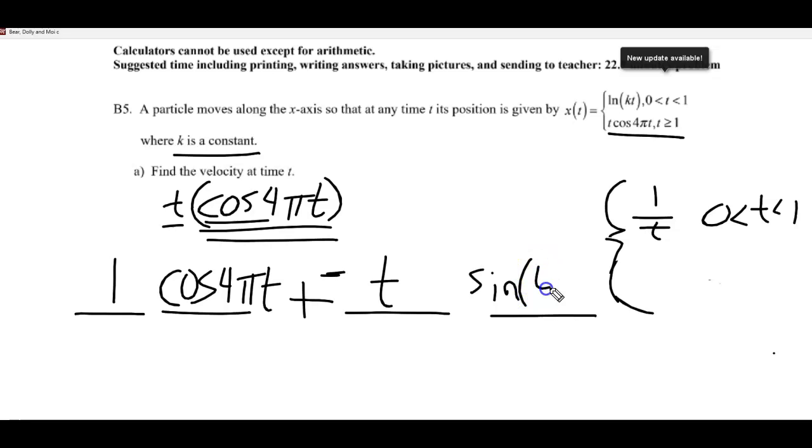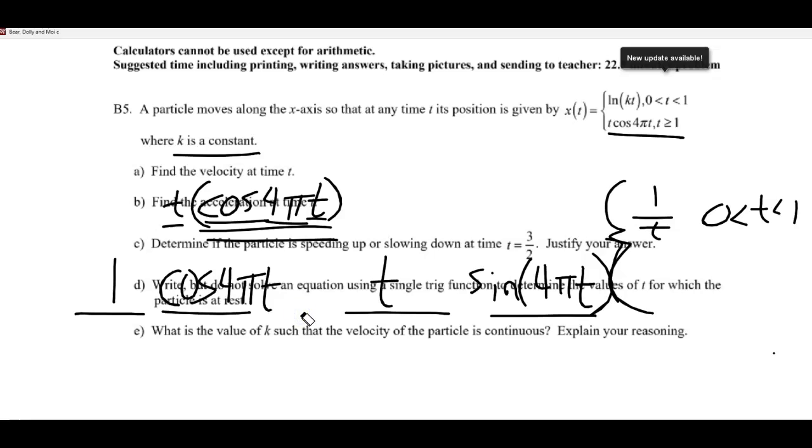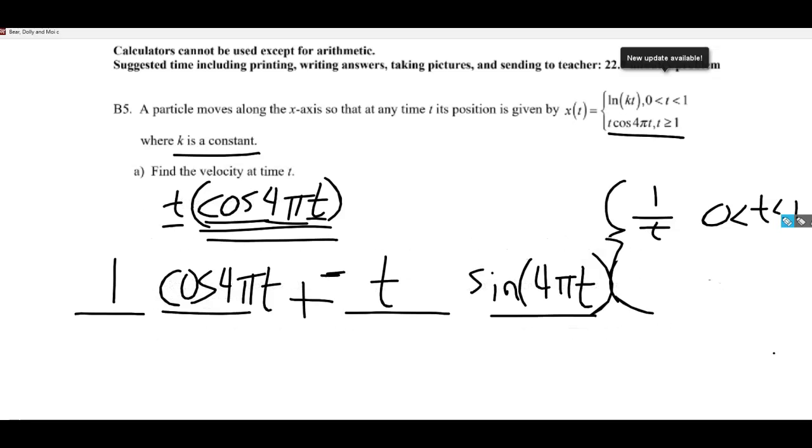And then we're going to keep the inside the same here. But now we're going to multiply by the derivative of the inside. The derivative of the inside, well, once again, it's just a number multiplied by a variable. So when you take the derivative of that, it's just 4 pi. And once again, I think I'm just going to end up putting the 4 pi here in the front by the t.